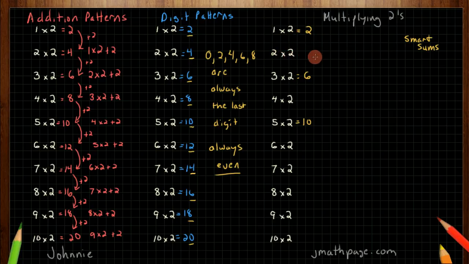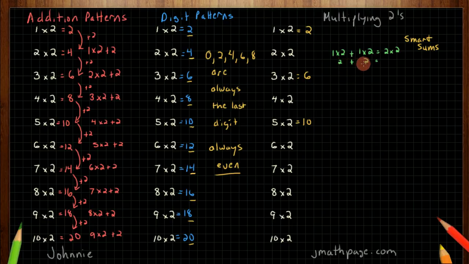So we can think of 2 times 2 as the same as 1 times 2 plus 1 times 2 more, right? Doubling it. 1 times 2 and 1 times 2 again. So we can say 1 times 2 plus 1 times 2 is equal to 2 times 2. That's good. We know that 1 times 2 equals 2, and we can say the other one also equals 2. So we can say 2 plus 2 is equal to 2 times 2.